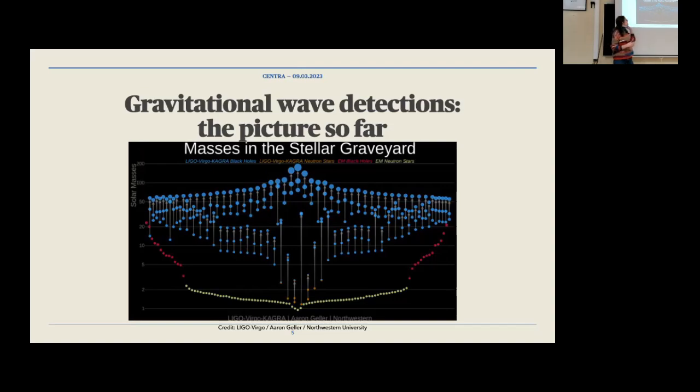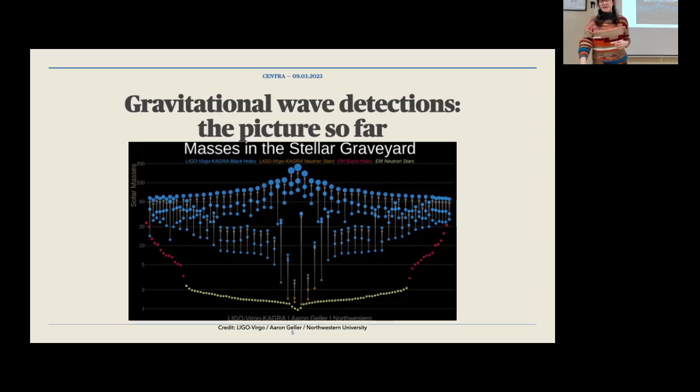So the fact that we're starting to see a population there is very interesting from the astrophysical point of view. And these intermediate mass black holes have not been detected previously. So already our gravitational wave detectors are building up a picture of the black holes in our universe that we don't have otherwise from existing electromagnetic detections.